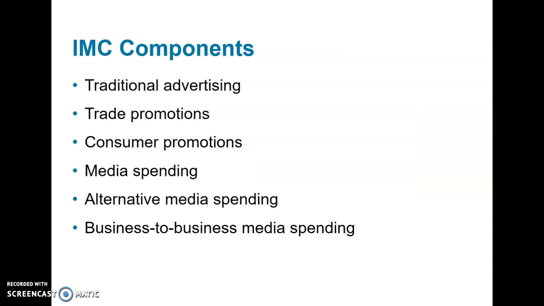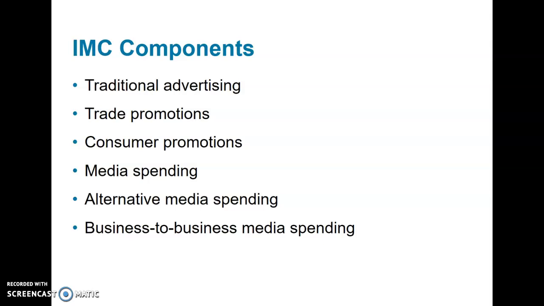The last decision, in conjunction with the budget, is the selection of IMC components. Traditional advertising cannot be ignored in favor of newer non-traditional methods. Companies have to think about how much is needed for trade promotions and consumer promotions. Then there is the actual spending on media.